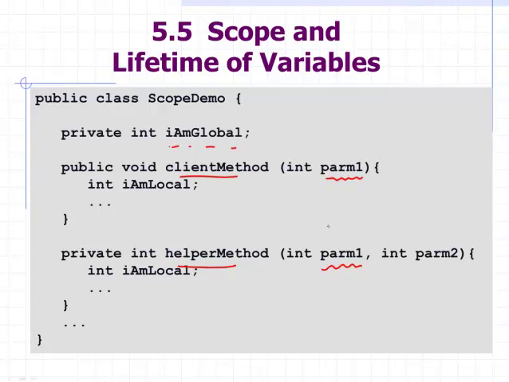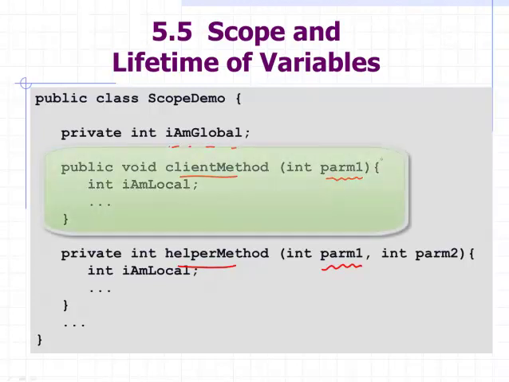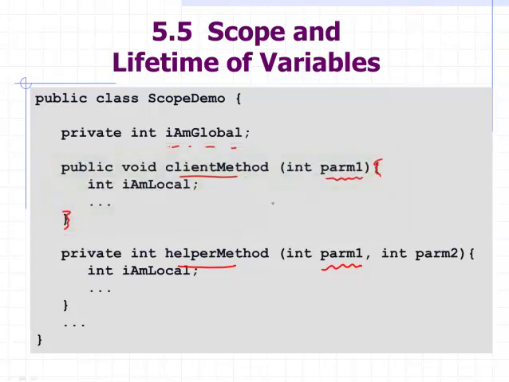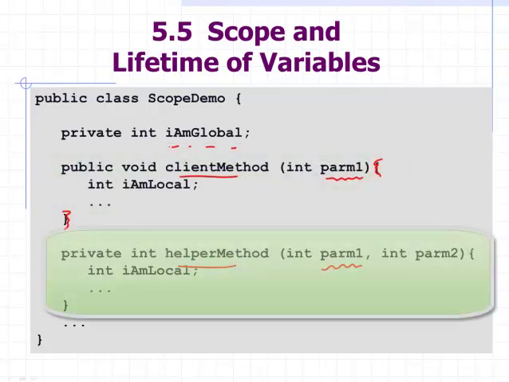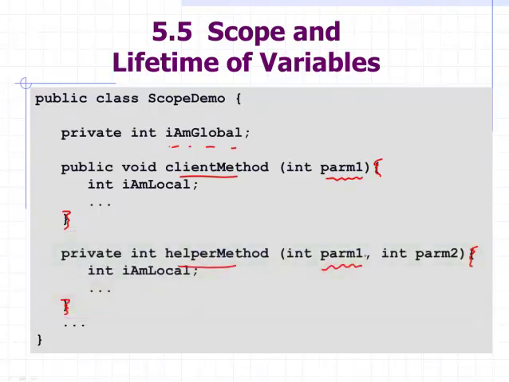This is actually no problem at all that they're both called parm1 because the only place parm1 up here in this method exists is between these open and closed curly braces, and the only place that this parm1 down here exists is within these open and closed curly braces. You might name it like this because you might want it to do a similar task in the client method and the helper method.